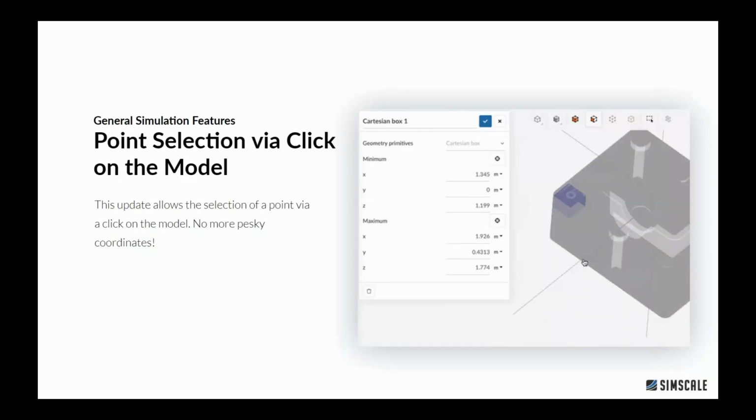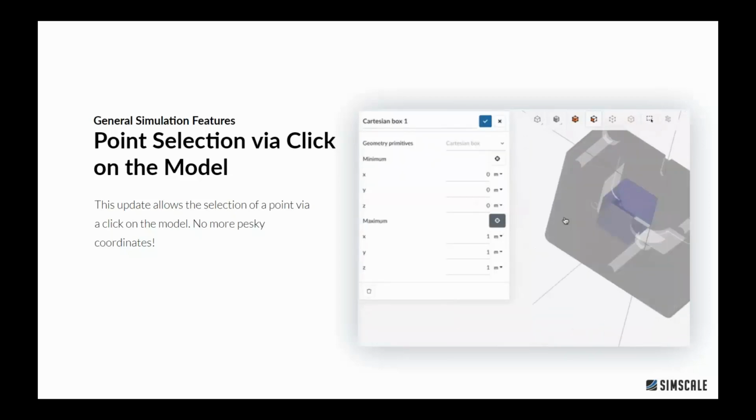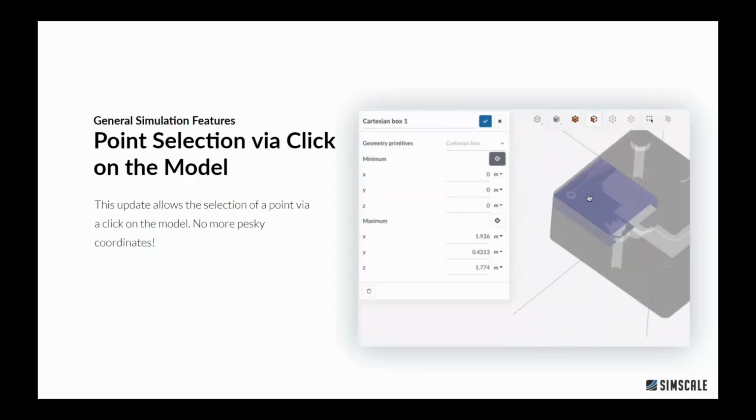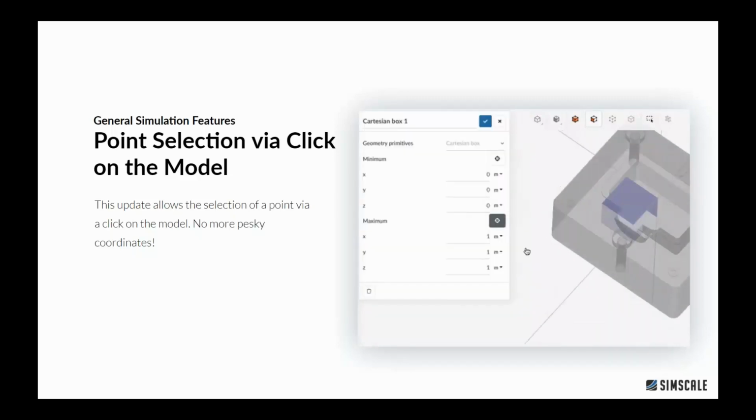This is a perfect example of what we have when we create geometry primitives. The geometry primitive, as a reminder, allows you to create a refinement zone, momentum sources or porous regions and things like this.